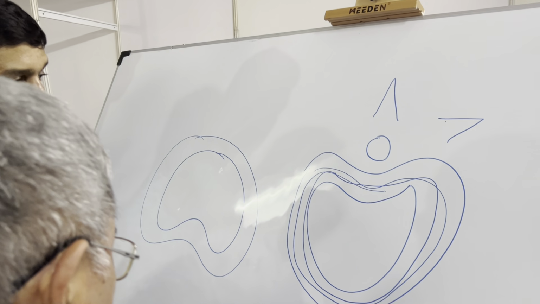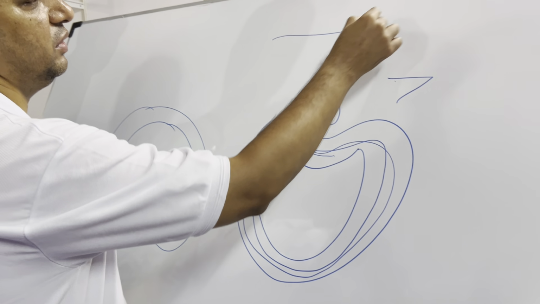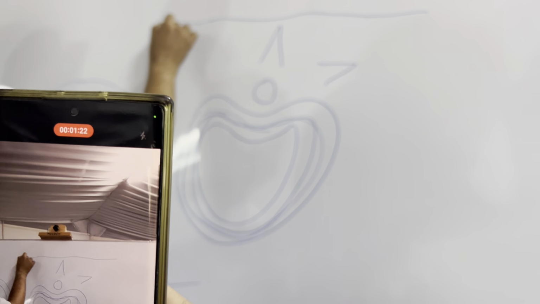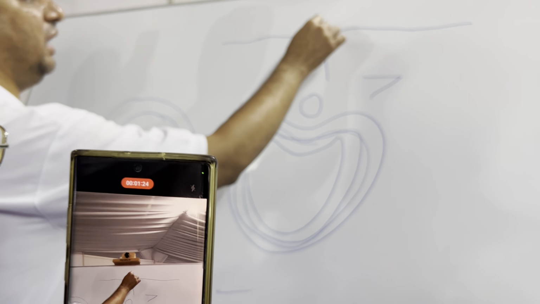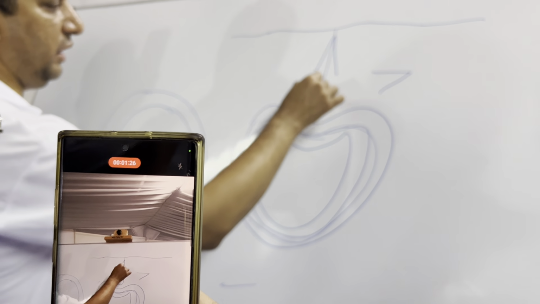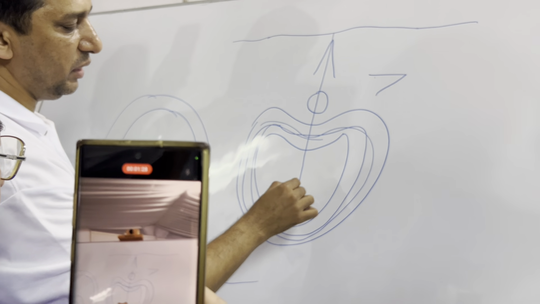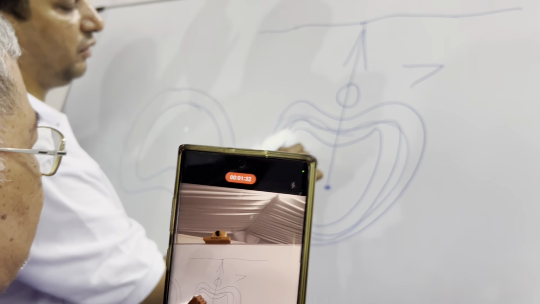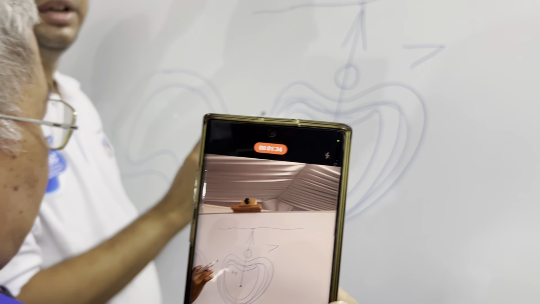Normally, suppose this is the skin of a patient. In a normal average adult person, if you take the distance from here to the center of the disc, this distance is around 7.5 centimeters. This has been studied.